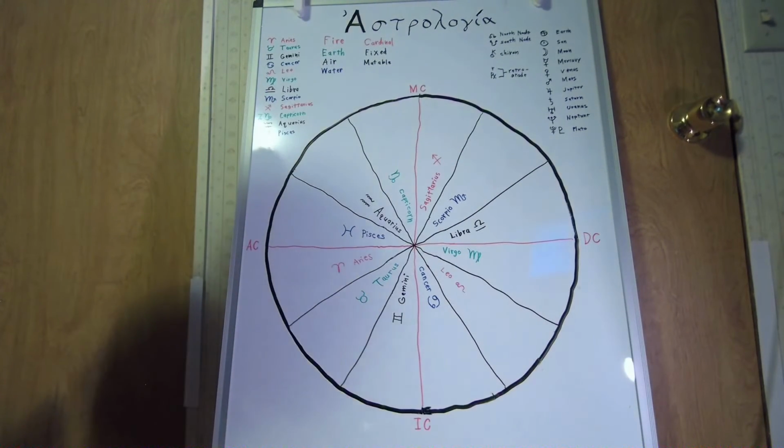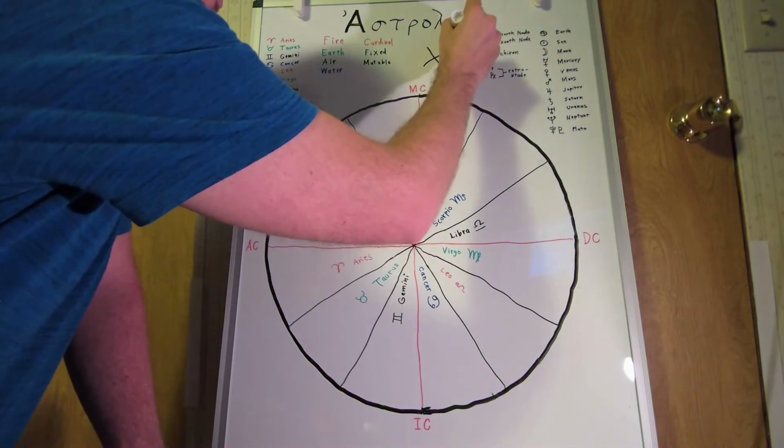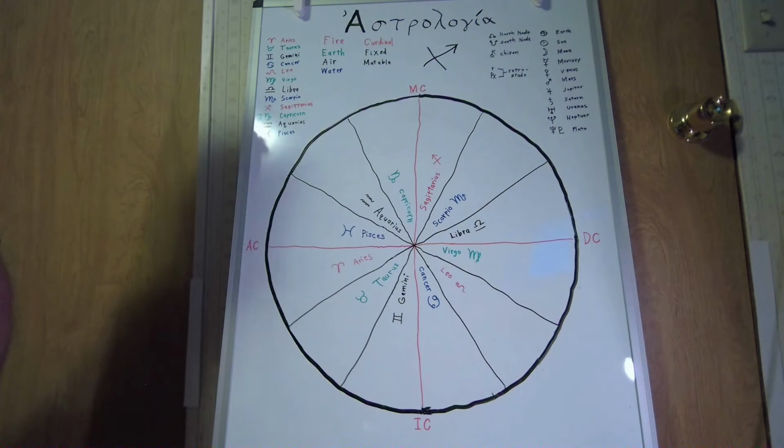Next, we have Sagittarius the Centaur. Sagittarius is mutable fire, so it is enthusiastic and spontaneous and adaptable and flexible.